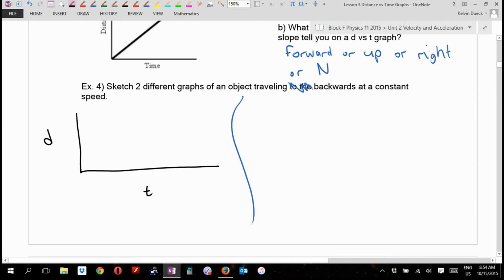How could I show traveling backwards at a constant speed? Well, another word for traveling backwards at a constant speed would be to say you have a negative speed. Where does speed show up on a distance versus time graph? I'll give you a hint. It's the key idea.